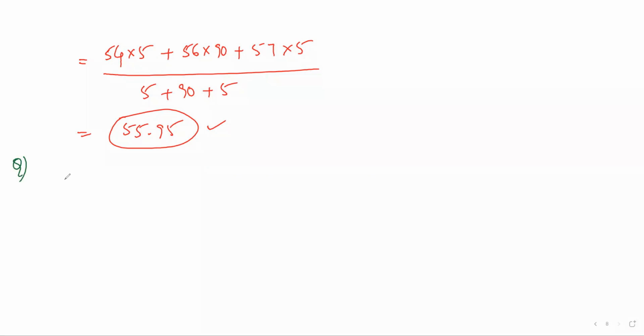Number of atoms in 558.5 grams of iron is. Here one hint is given, the atomic weight.